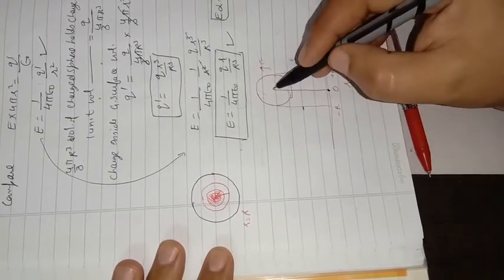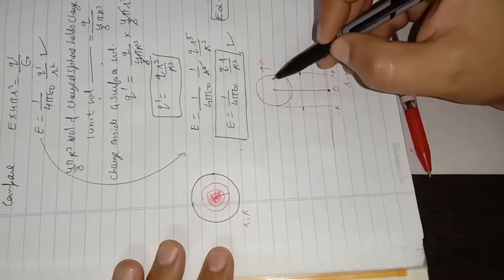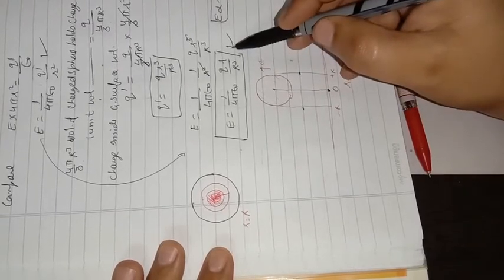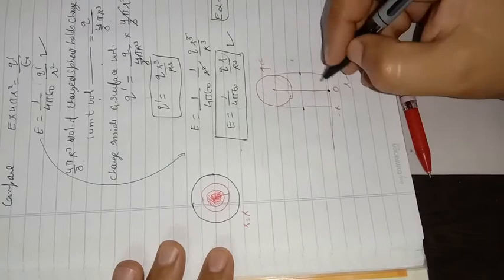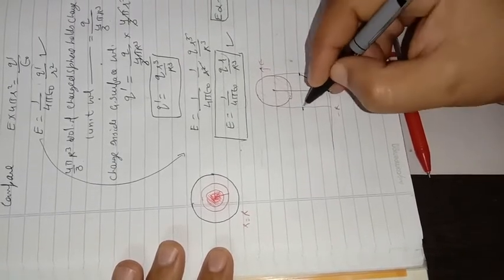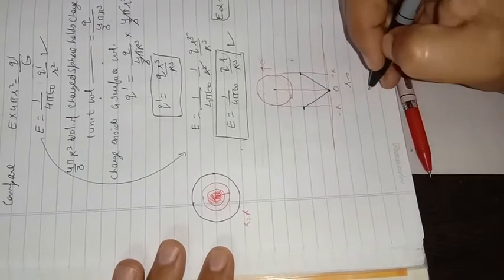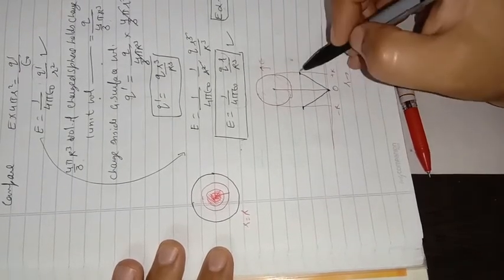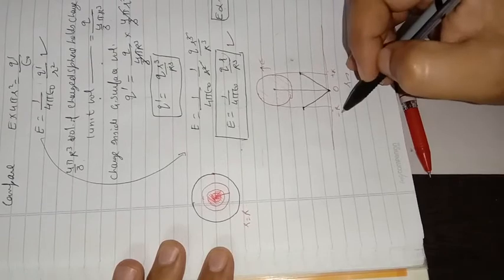But when we are moving from the center to the sphere, this equation will be valid. So as r is increasing, E is also increasing, because both are directly proportional. So the graph will be a straight line, but only in the interior portion. It will become maximum at the surface, plus R and minus R.